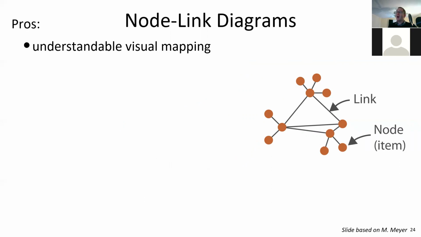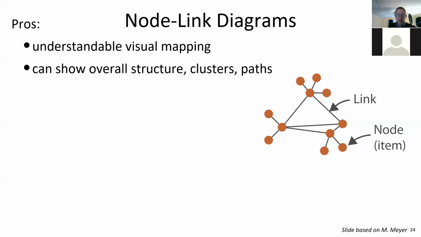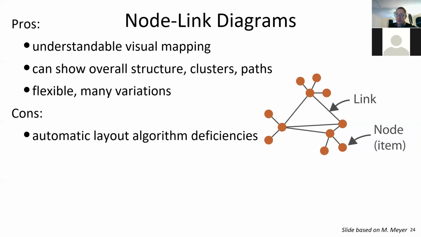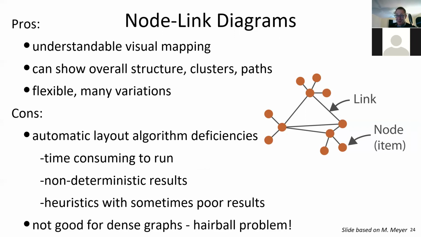One of the benefits of a node-link diagram, there are other ways of showing a graph, by the way. This is what we're trying to point out here. People naturally get this one. You can show overall structure, you can show clusters, you can show paths. It's flexible. You can hold a whole bunch of variations. You can encode the nodes different ways. But my God, the algorithm for layout is really hard, and it takes a lot of space.